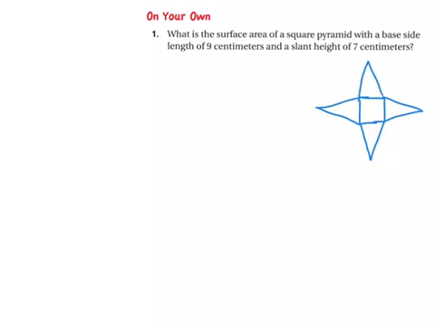And guys, this does not have to be perfect. It told us that the base length is 9, and then the slant height is 7. So this height right here is 7. So to find the surface area of the square pyramid, first you need to find the area of the base.